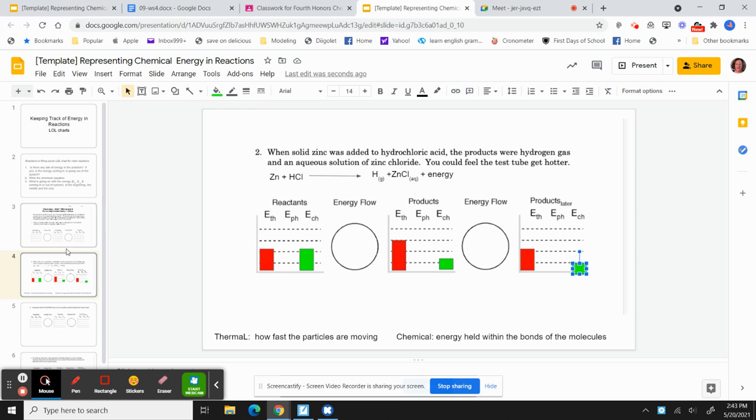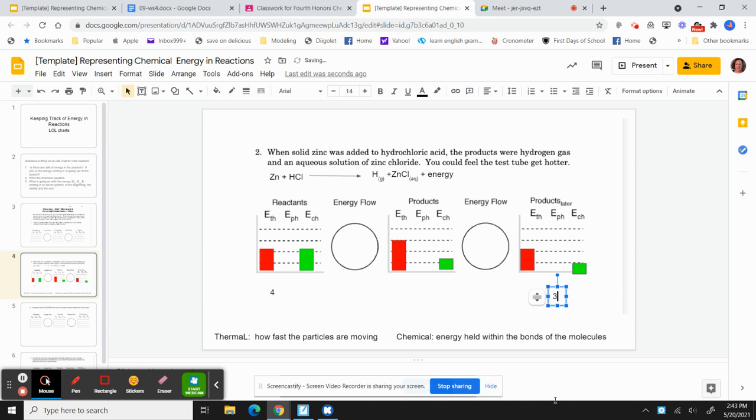Kaylee Osborne, you there? Hey, Kaylee, how many bars of energy do we have at the beginning of our reaction? Yep, we have 4. All right, and how many do we have at the end of our reaction?